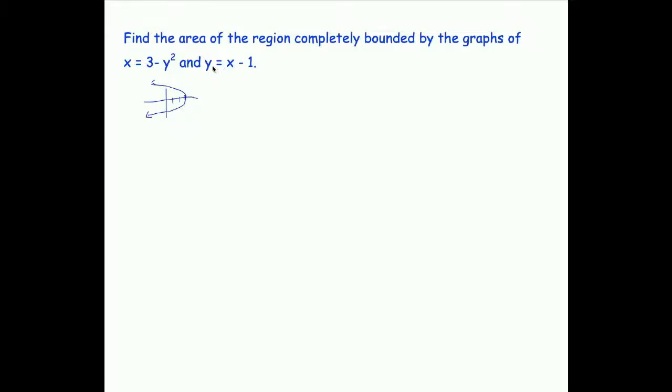And then we have a line, y equals x minus 1. So y-intercept of -1, slope of 1. So we have this line right here. So we want to find the area bounded by those two curves. Looks like it's going to be in here.